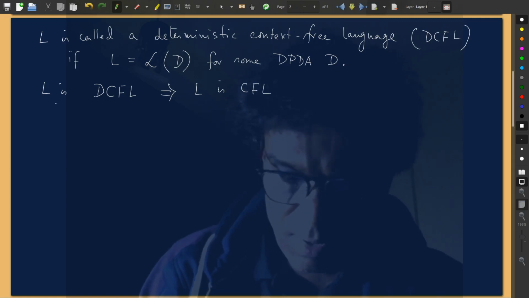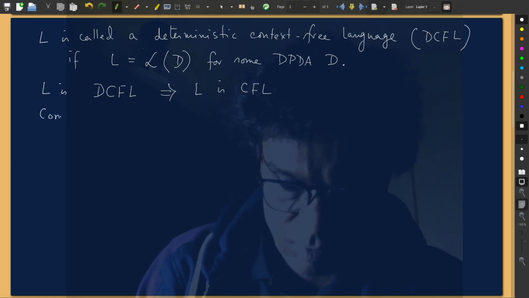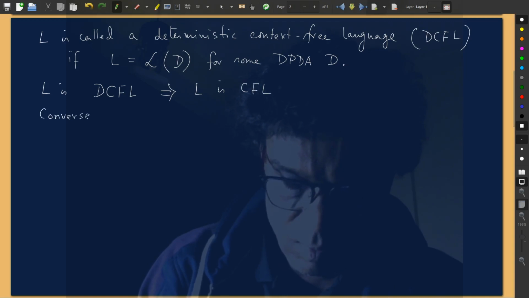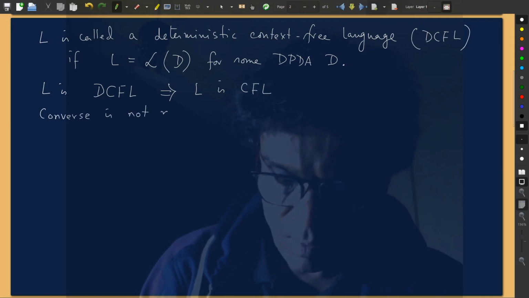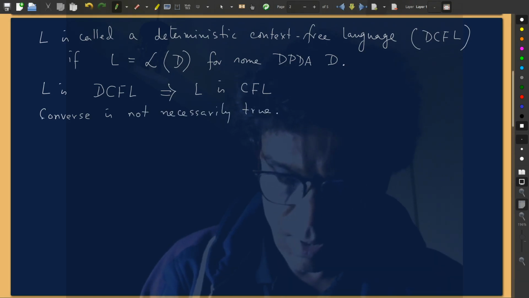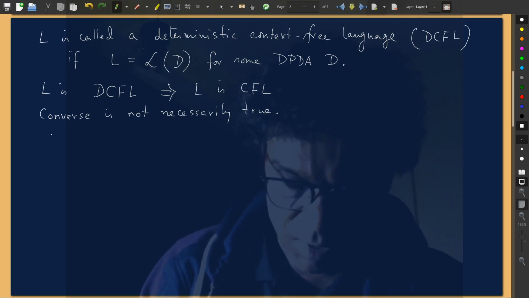The converse is not necessarily true. Since the converse is not necessarily true, there exist languages which are CFL but not DCFL.